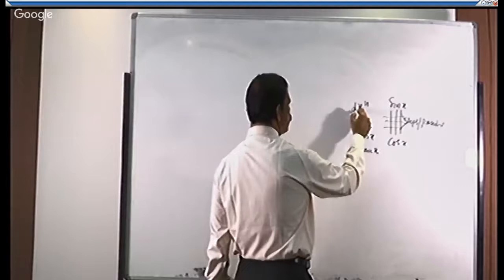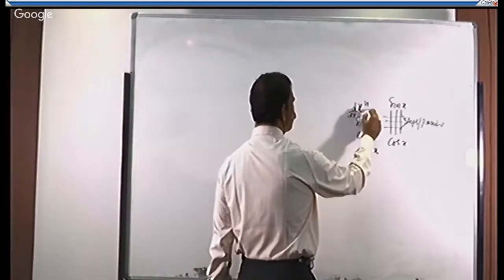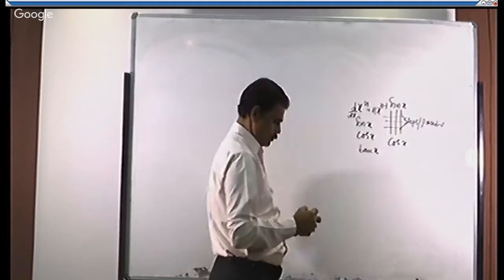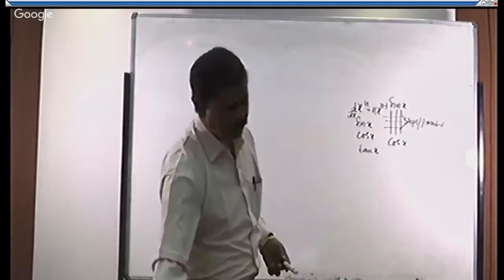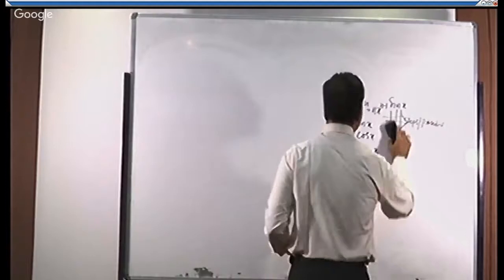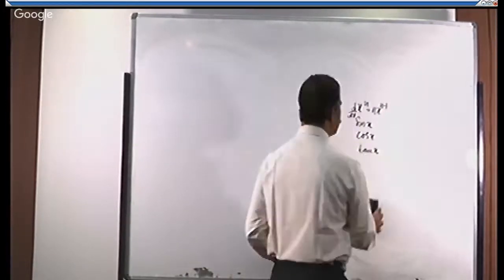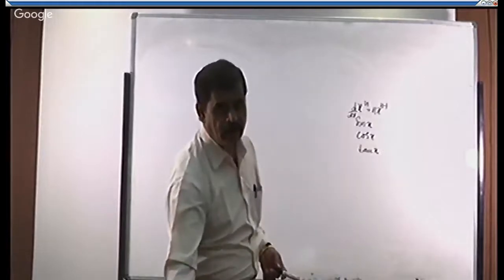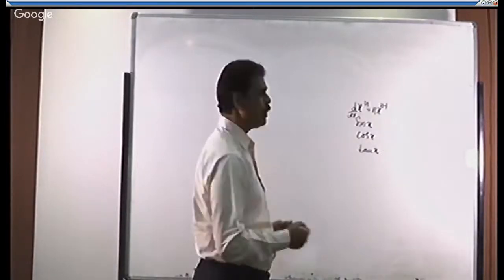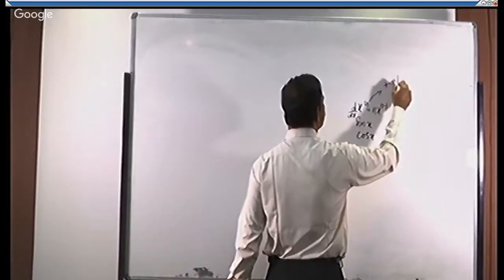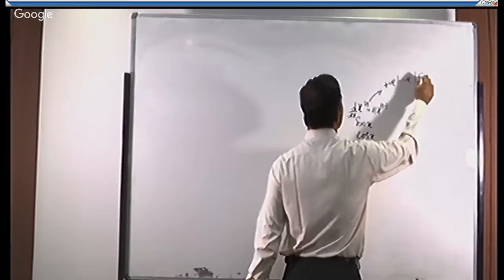So d by dx of x to the power of n is n into x to the power of n minus 1. n may be any positive number, negative number, or fraction.